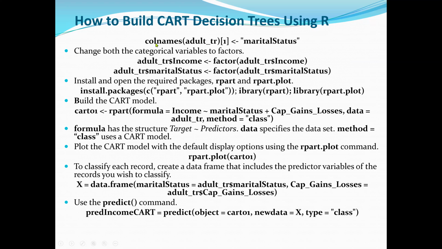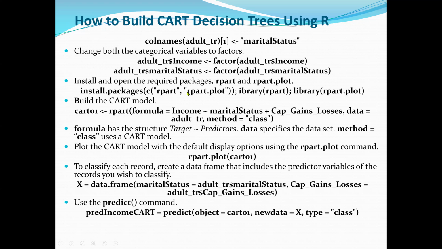Column names is a command that will list the names of each of the variables in the a.tr data set. It will output the column names in order. We should know that the first column contains the marital status variable.